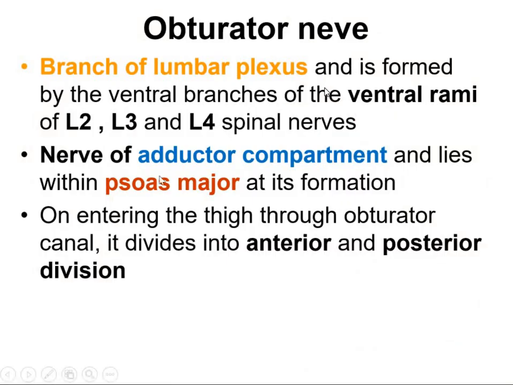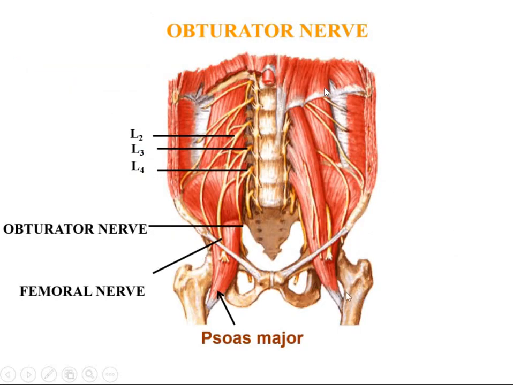Once formed in the lumbar plexus, it will pass downward and go into the psoas major muscle. If you see, this is the psoas major muscle; the nerve will form and enter the substance of this psoas major muscle.